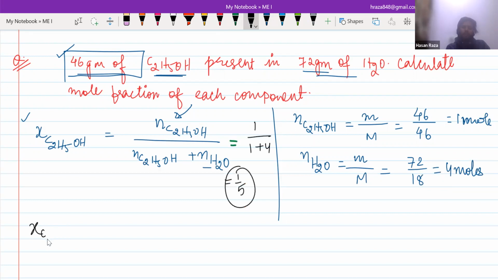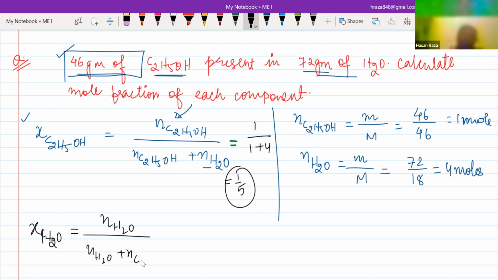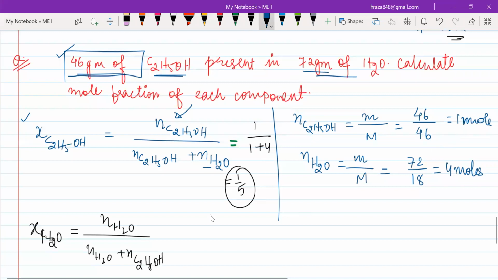And if you are going to calculate the mole fraction of H2O, it will have a formula: number of moles of water upon number of moles of water plus number of moles of C2H5OH. Now you already calculated the number of moles of H2O, that is 4, plus number of moles of C2H5OH, that is 1.